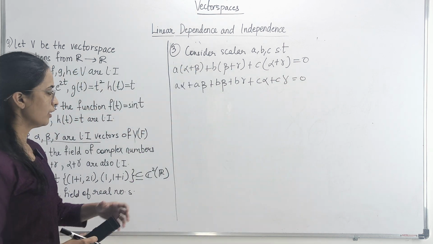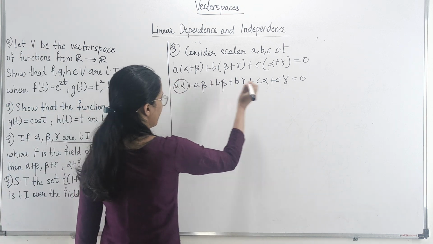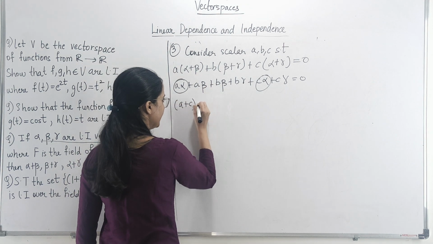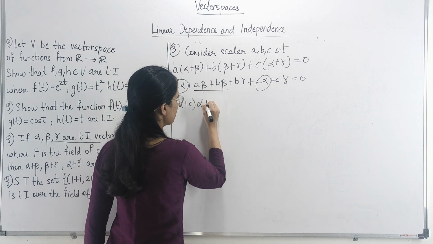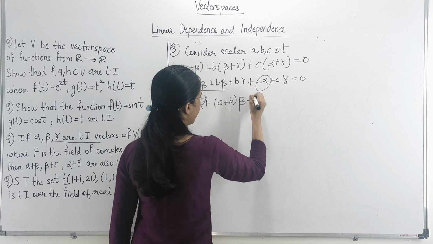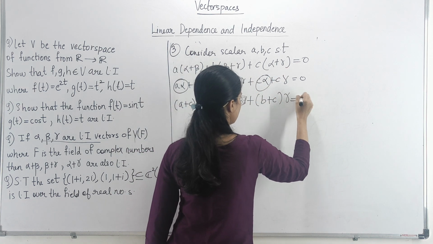Now let us first take all the alpha वाले terms together, मतलब ये alpha वाले terms है, so I will get (a plus c) into alpha. Next I will be taking beta वाले terms, so I get (a plus b) into beta, and next gamma वाले, so (b plus c) into gamma equals to 0.